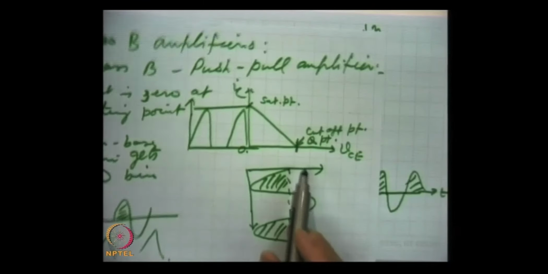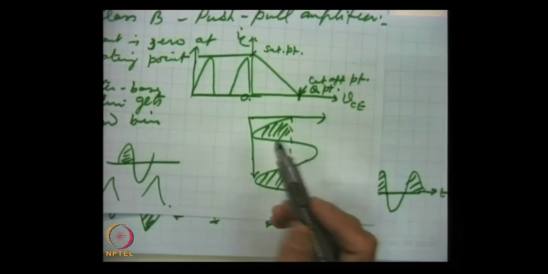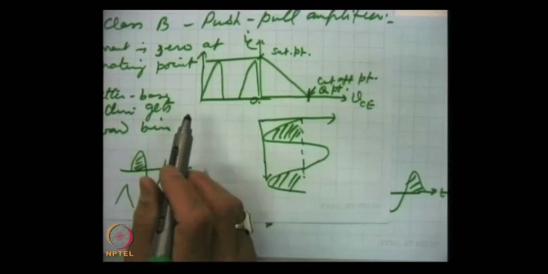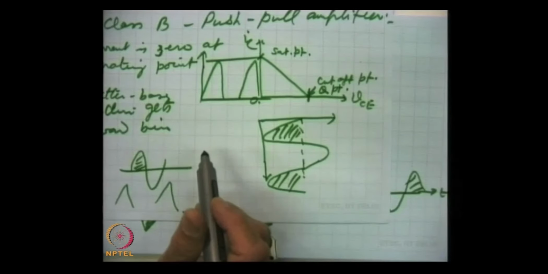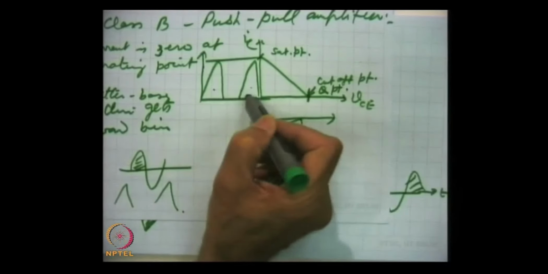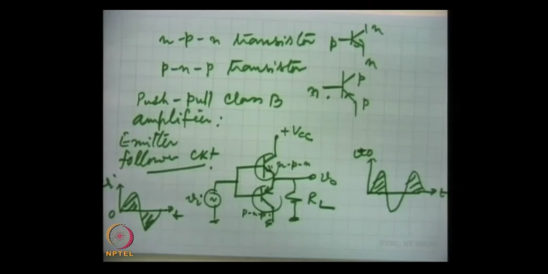This is push-pull action. I briefly repeat that we take the operating point at cutoff, and if we use just one transistor, then a portion of the input signal will forward bias the emitter and only that part will appear, not the other. So, that will not be of much use as in this case. So, we make use of the circuit in a different form.